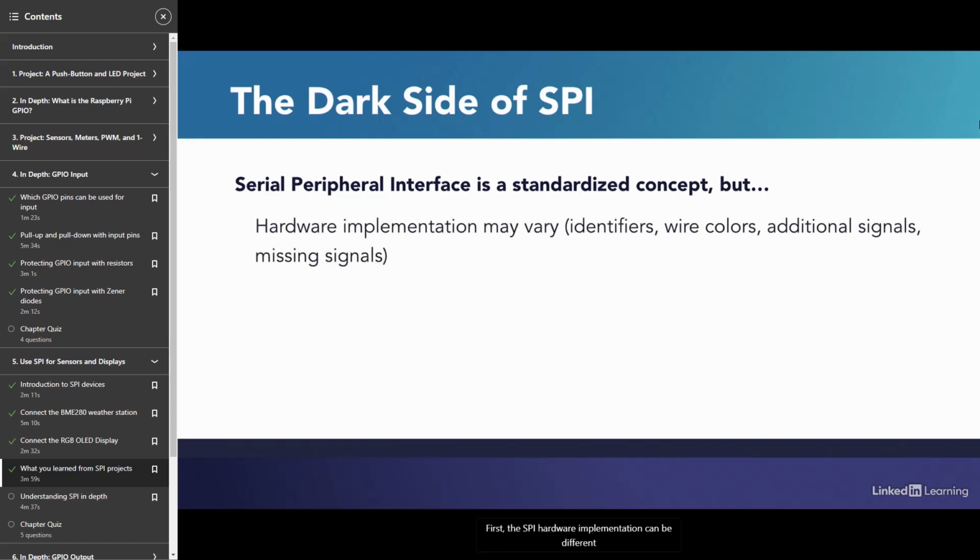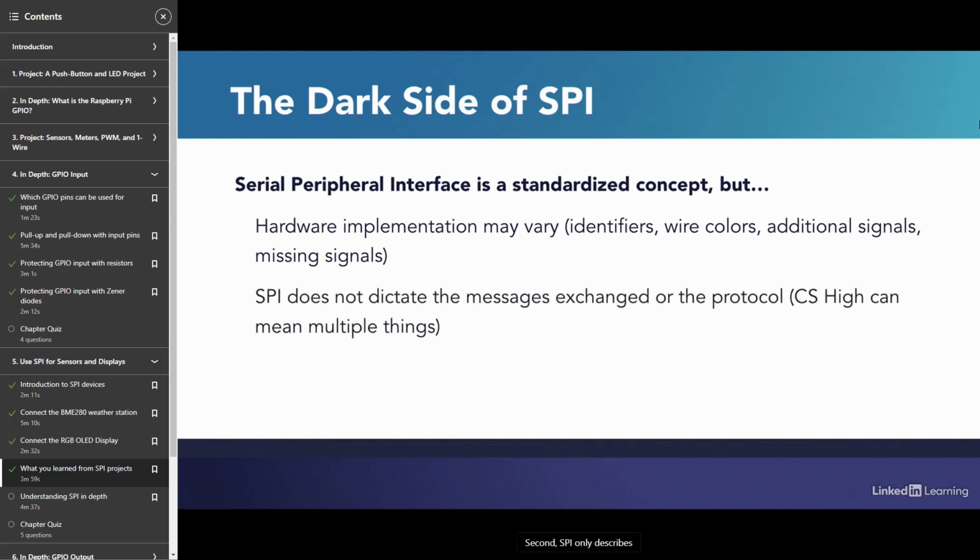First, the SPI hardware implementation can be different from module to module. In the two modules we experimented with, the OLED and the BME280, there were different acronyms, different color wires, and additional or missing signals. This makes SPI more difficult to explain and document.